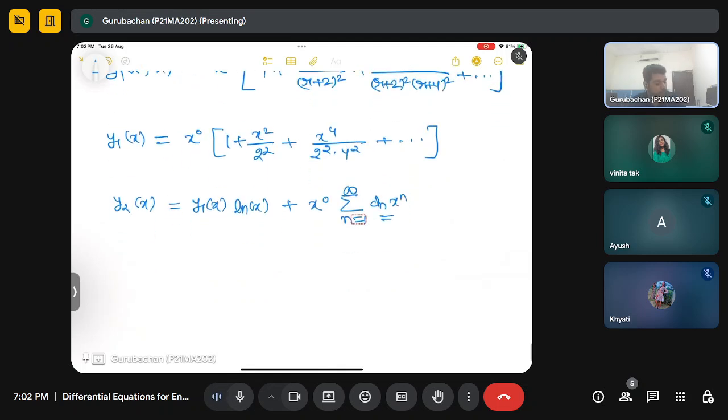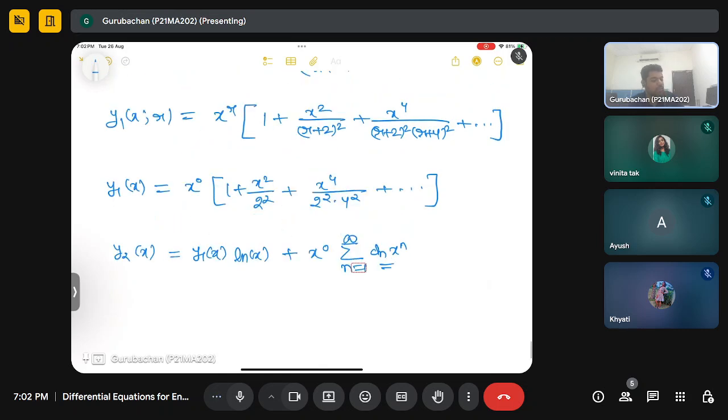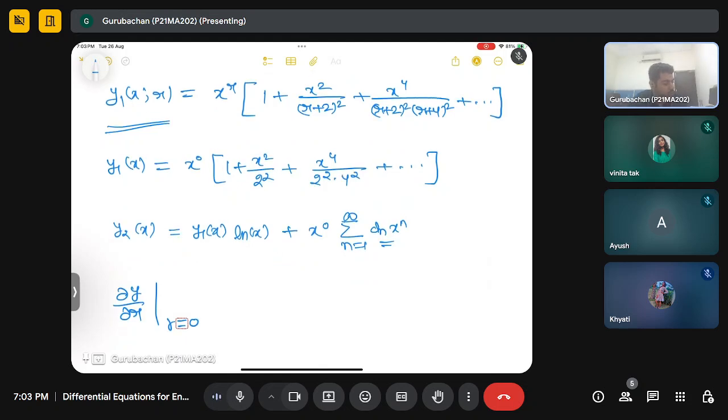Another approach is to find y1 in terms of r and x. You will partially differentiate with respect to r, and then put r to be 0.